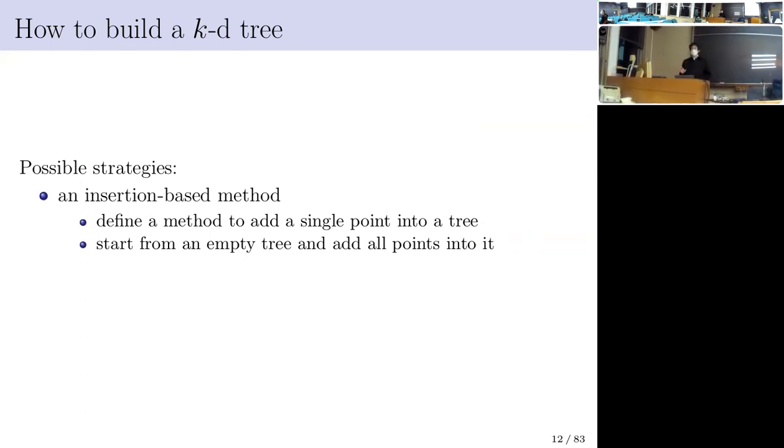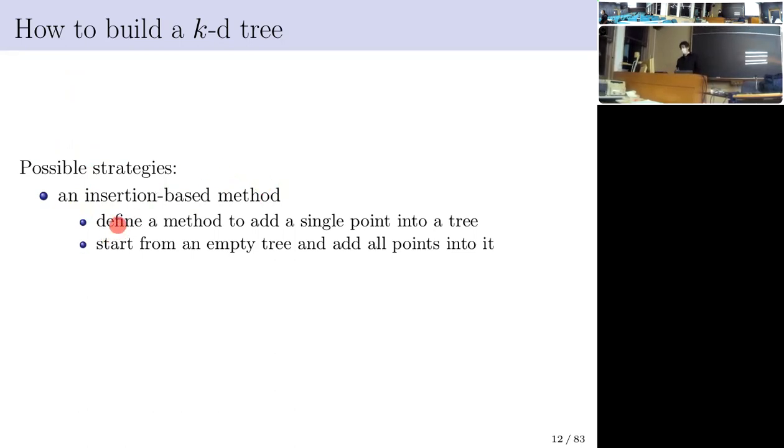So here is the problem of how you actually build a KD tree. Just think for a moment. If you are asked to do this without knowing the algorithm, without having a textbook, how do you do that? One possible strategy is something called an insertion-based method.